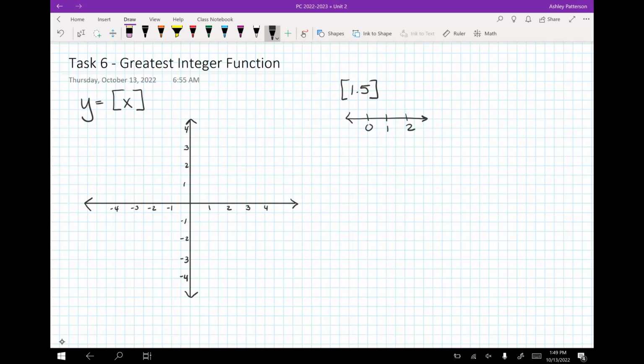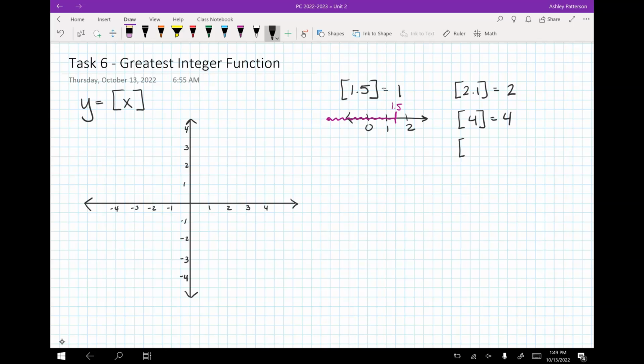So as we go from left to right, starting at negative infinity, and we stop at 1.5, the greatest integer that it has passed on the number line is 1. So the greatest integer of 1.5 is 1. The greatest integer of 2.1 is 2. The greatest integer of 4, well, that is an integer, so it's 4.